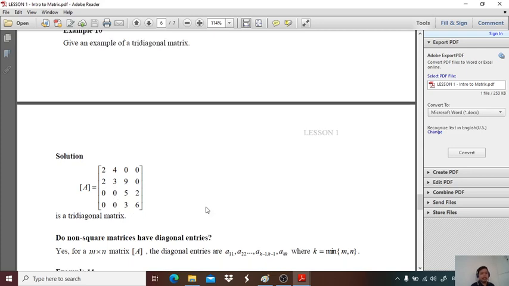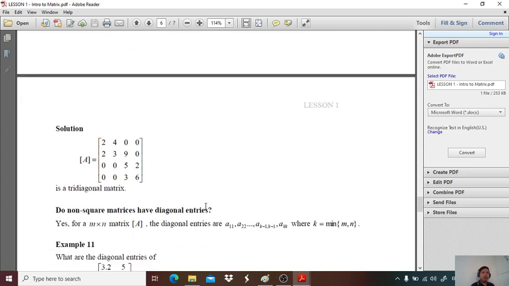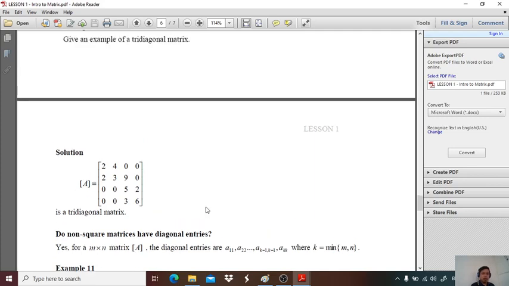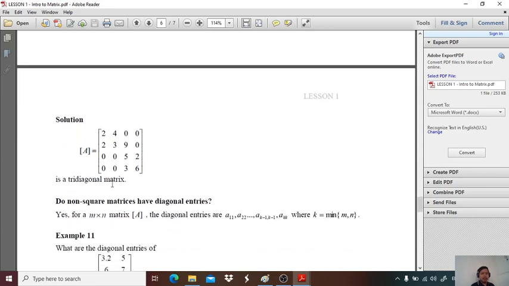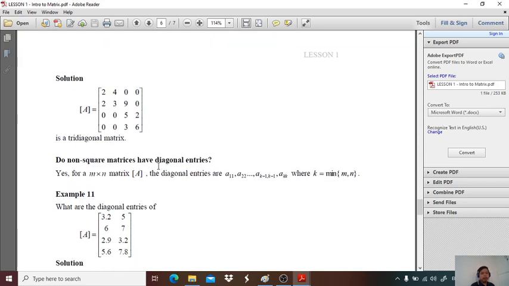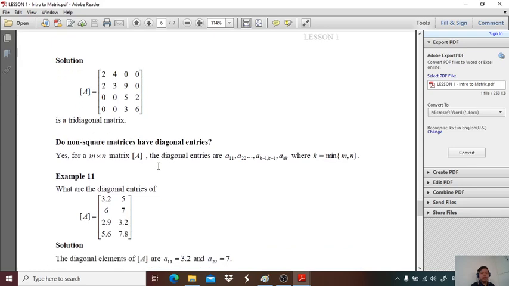Okay, so that is tri-diagonal. And this is applicable for 4 by 4, and so on. Because when it is a 3 by 3, you can consider it since we have 0 on the (1,3) and (3,1). So, do non-zero matrices have diagonal entries?